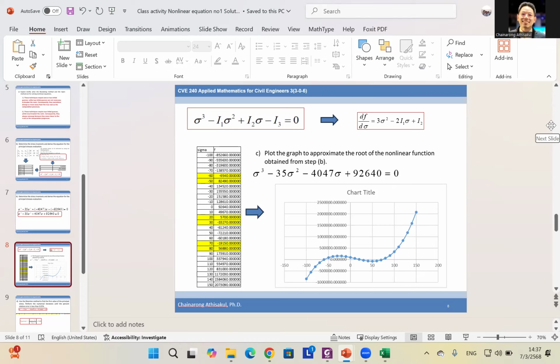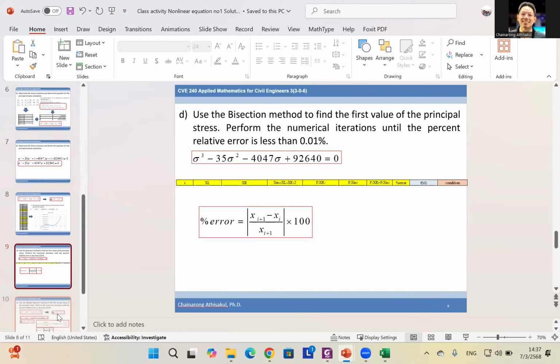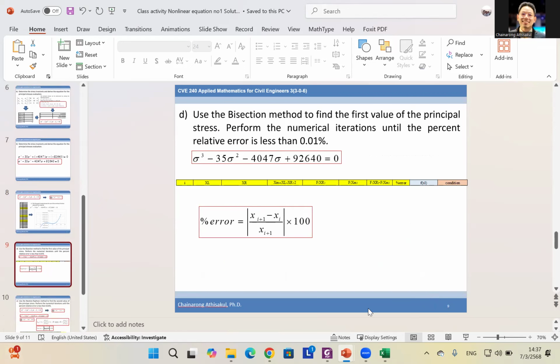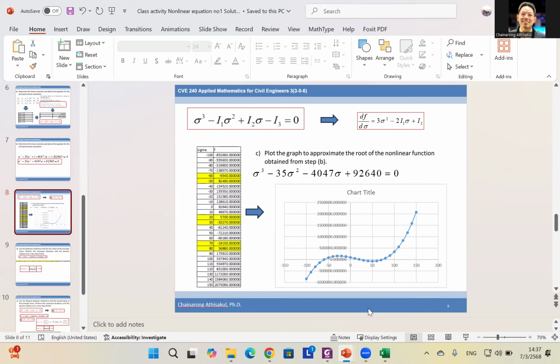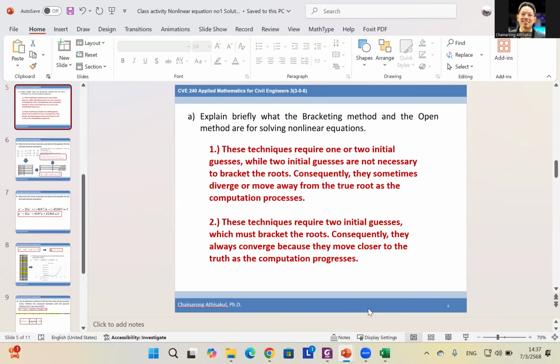So let's start with the first method. For the first method, we use the bisection method, because the first one you already know how to answer.